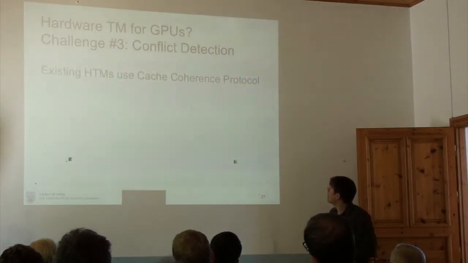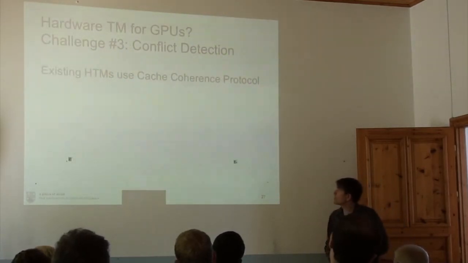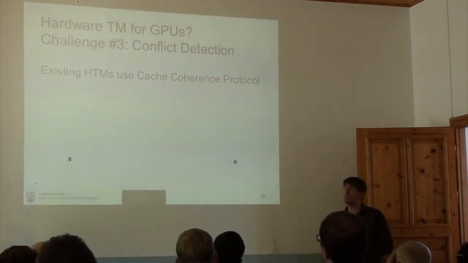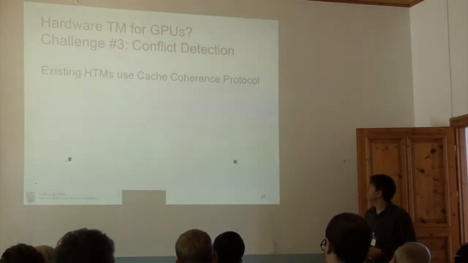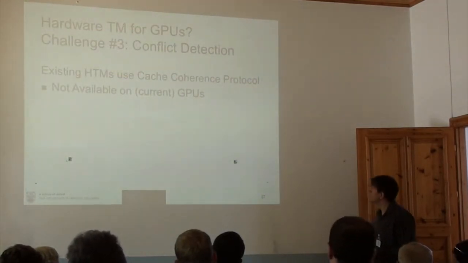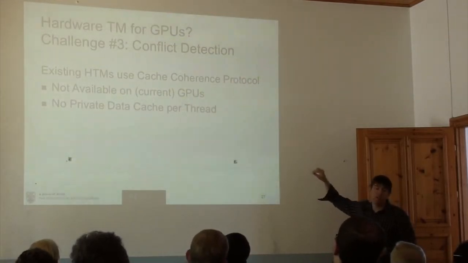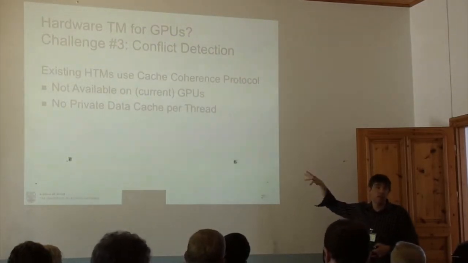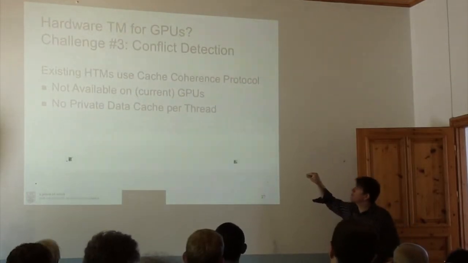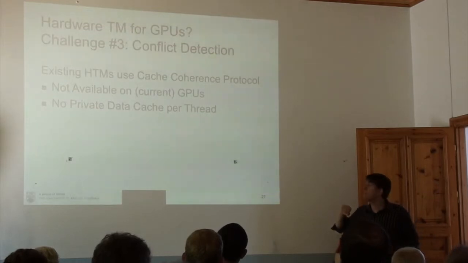Okay, challenge 3, conflict detection. Most of the existing hardware transactional memories are proposed leveraging the cache coherence protocol to detect conflicts between the transactions. Existing GPUs don't have coherence. That may change in the near future, but even if you did have coherence on GPUs, as we've studied in my group, it still probably wouldn't be fully applicable, because all the existing hardware transactional memories assume a private cache per thread.